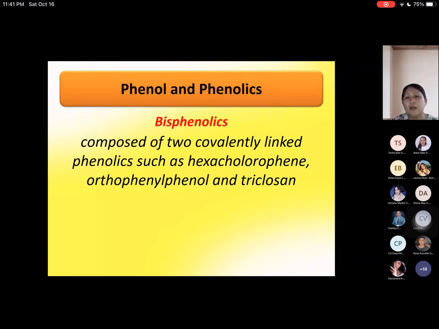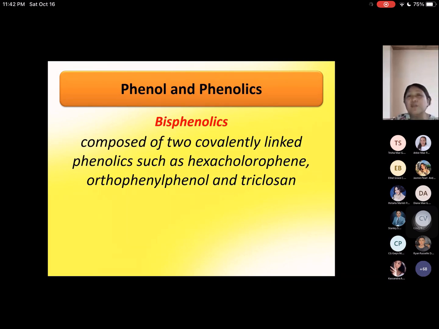Bisphenolics are composed of two covalently linked phenolics, such as hexachlorophene, orthophenylphenol and triclosan. Okay, so the bisphenolics are also produced and derived. The hexachlorophene is actually used in preventing staphylococcal and streptococcal skin infection in newborns.